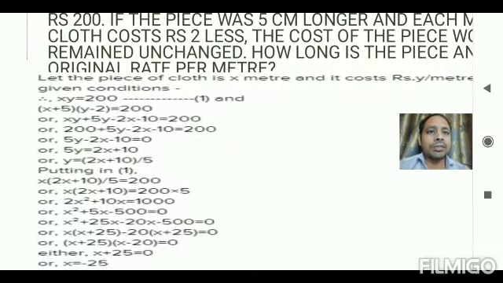Okay, so let the piece of the cloth be x meter, and its cost rupees y per meter.